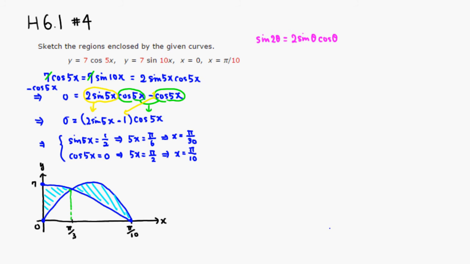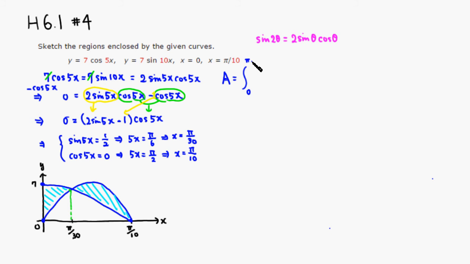So we can set up the integral. We have to do two integrals. So the area is going to be the integral from 0 to pi over 30. That's what I meant here, not just 3.